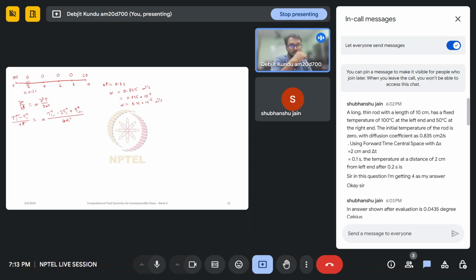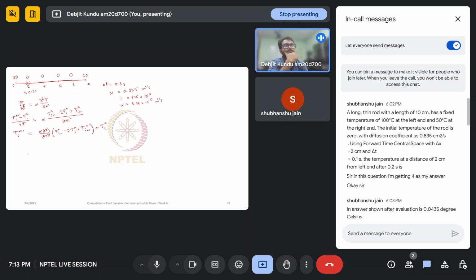This is my equation. Let me make this a bit easier. So T_i^(n+1) is equal to alpha delta t by delta x squared. Get a calculator ready, I'll need your help very soon. Okay, sir. And we have these older values over here plus T_i^n.